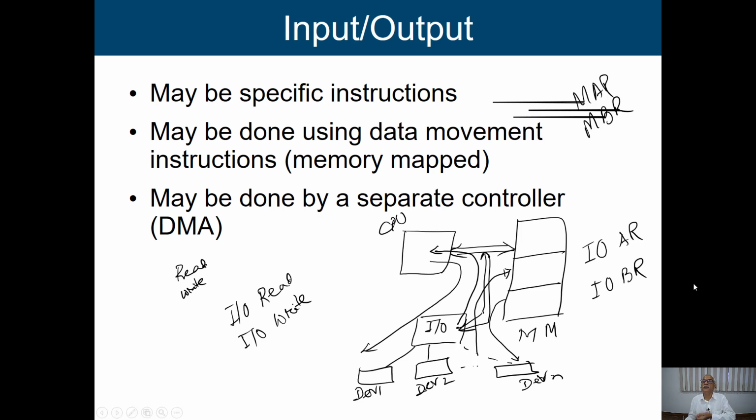So we may have specific registers, or we may use the same MAR and MBR again to transfer the information. Okay. So these are the instructions that we have for this data movement, and in some design cases, we may perform this particular transfer with the help of a separate controller called DMA, direct memory access.